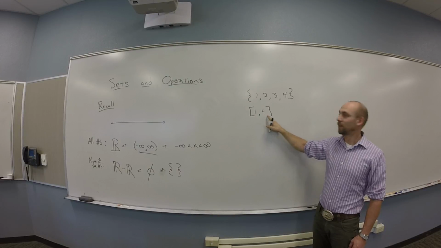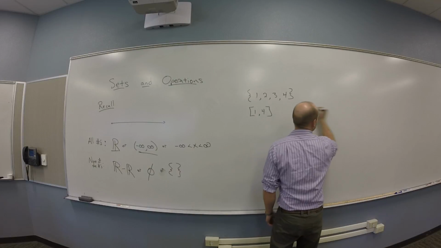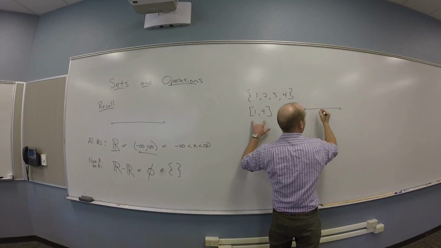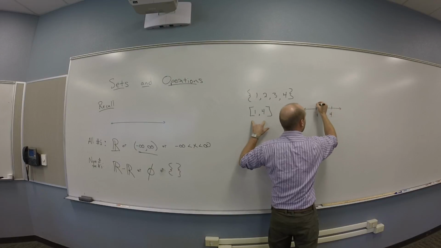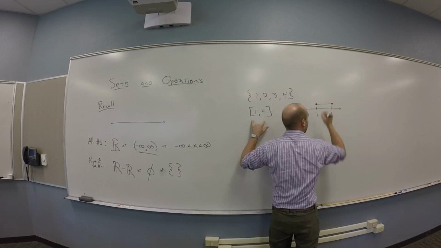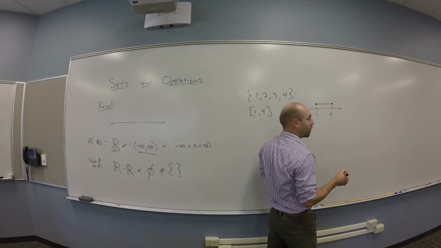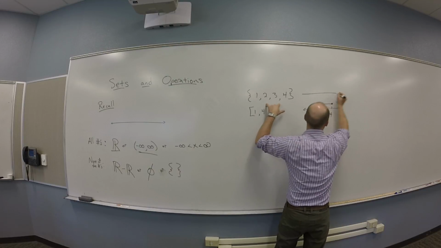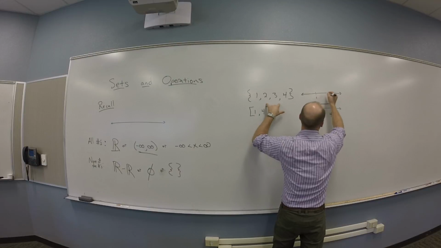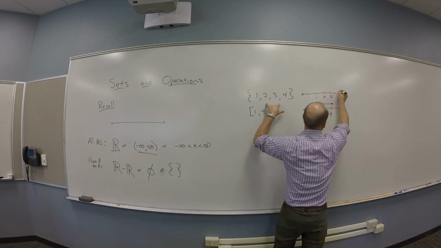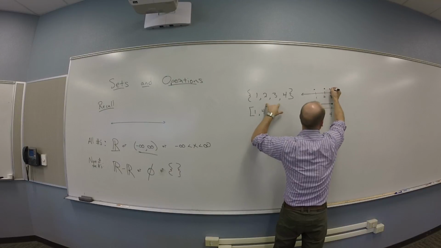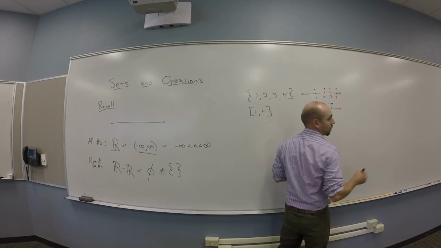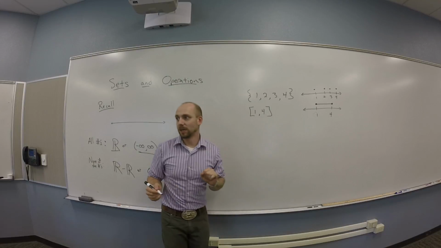If I number line these, this one is talking about 1 and 4 and all the stuff in between. Whereas if I number line this guy, it's talking about 1, 2, 3, and 4, and it's only talking about those 4 things. You guys see that distinction?